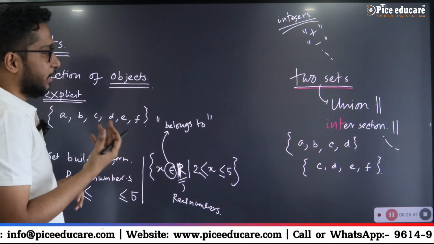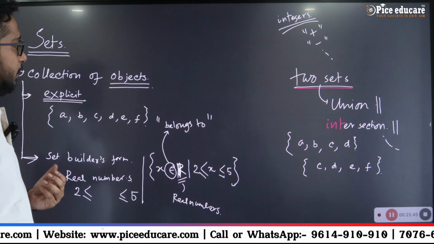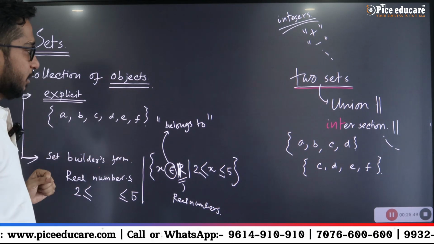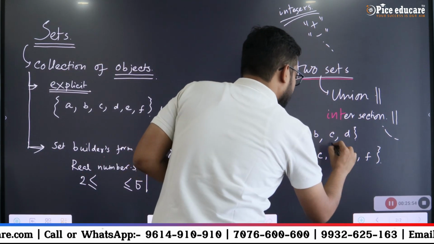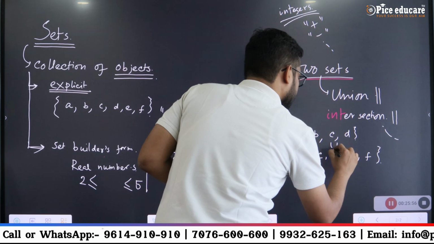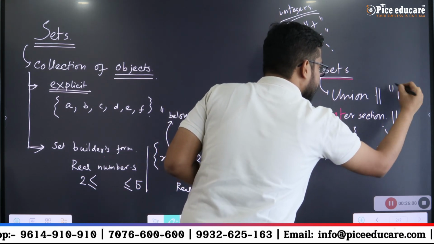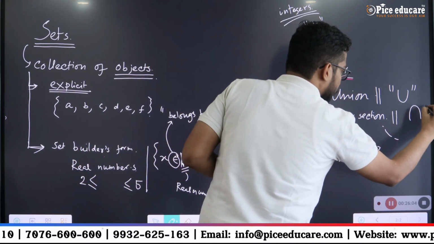It can be letters in English, letters in Greek, integers, real numbers, fractions, whatever. If I am trying to find the union between these two sets, union is represented with this symbol, and intersection is inverted U.